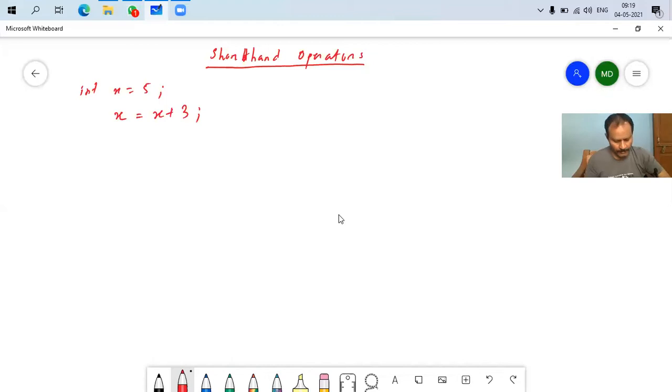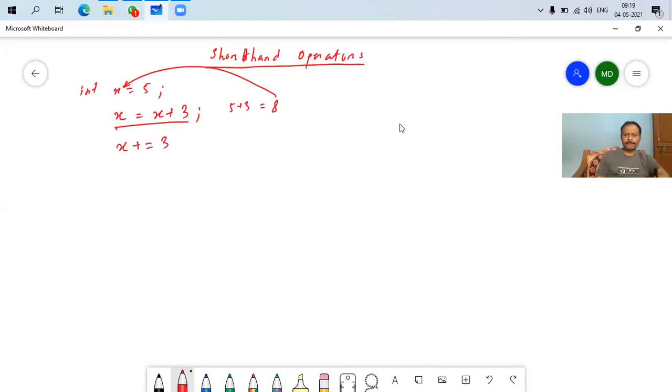Instead of performing the operation like this, what we are actually doing is adding 5 plus 3, that is equal to 8, and 8 is assigned back to the variable X, isn't it? So instead of writing like this, we combine both the operators like this.